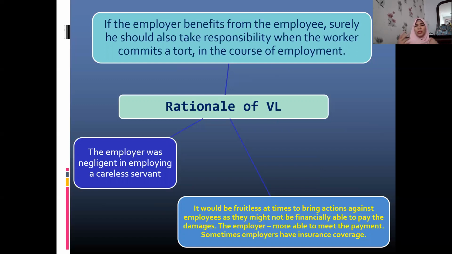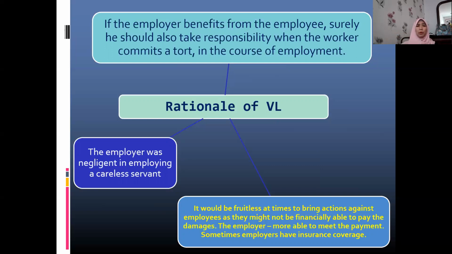He has been benefiting from the service provided by his worker. So whatever fault is done by the worker in the course of employment, he has to be made legally liable as well. Another reasoning is that an employer who was negligent in employing a careless servant has to bear the cost. He has to be made responsible for the careless act of the servant.